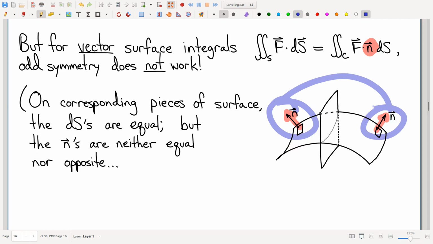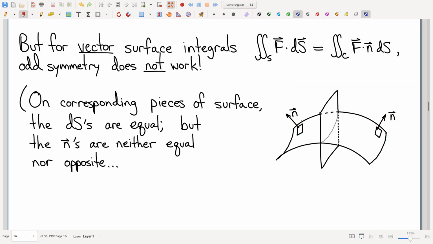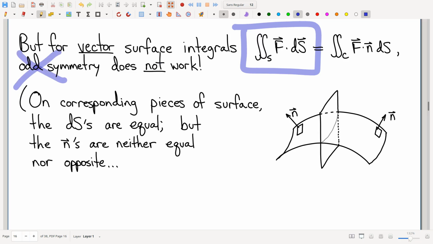They're just not going to be able to make an odd symmetry theorem work. It just doesn't work. So, super dangerous. Please, please, please do not look at a vector surface integral and start asking questions about whether the vector field is odd. It doesn't go anywhere. There is no theorem to use. There is no odd symmetry theorem. It does not work.